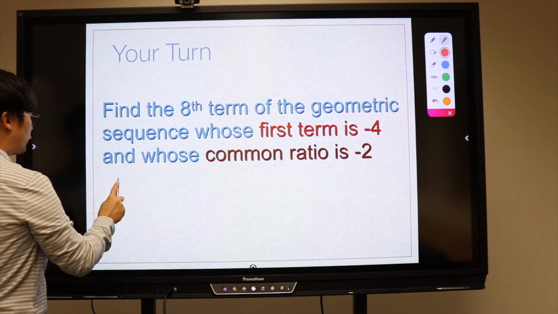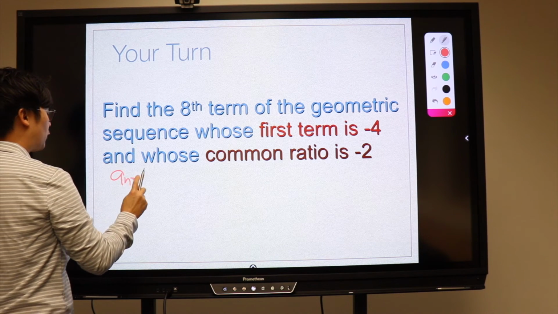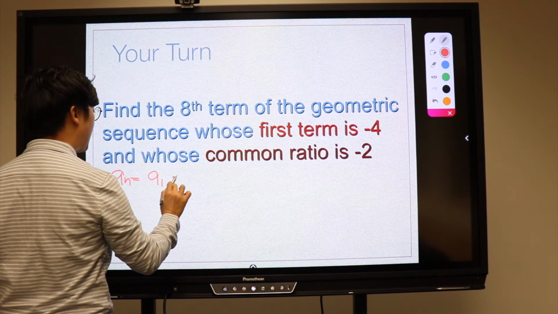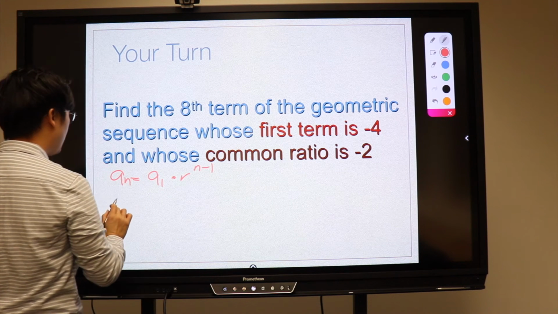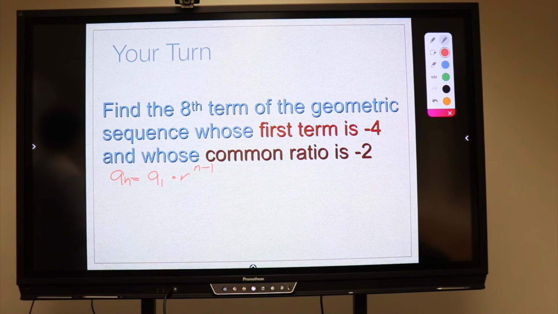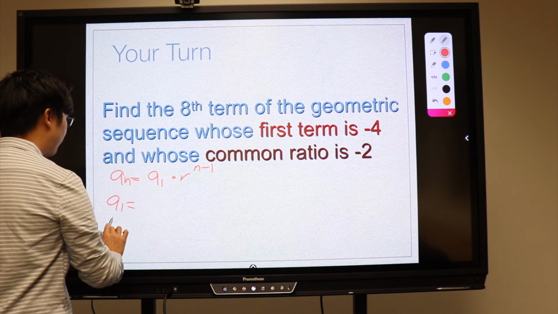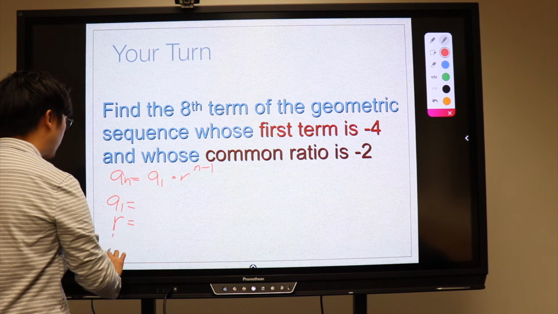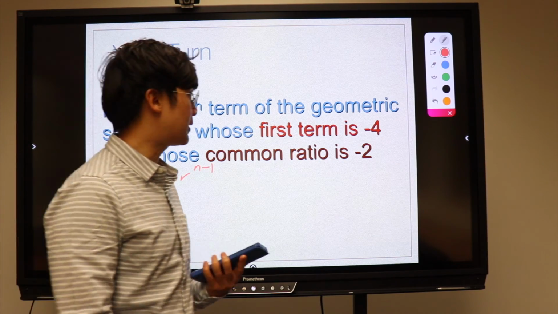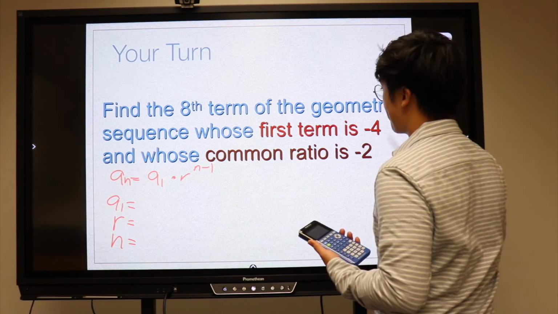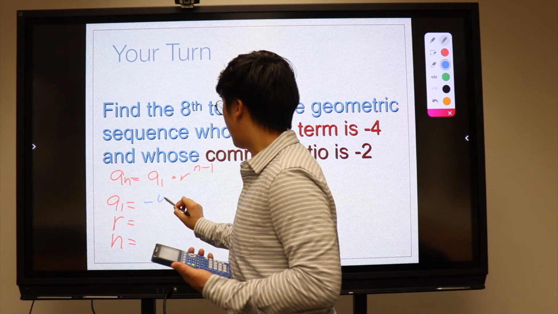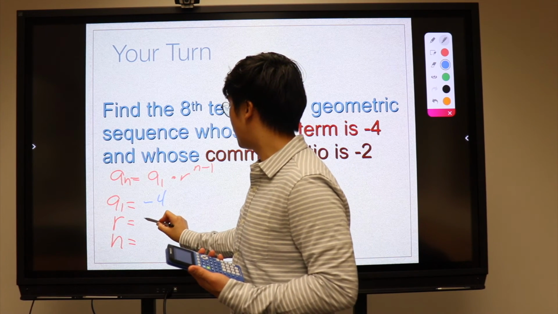Always write the formula that you need to use, which is a sub n equals a sub 1 times r to the n minus 1. You need to figure out your formula by finding a sub 1, by finding r, and what you're looking for. And in this case, a sub 1 is what? Negative 4. And r is? Negative 2.